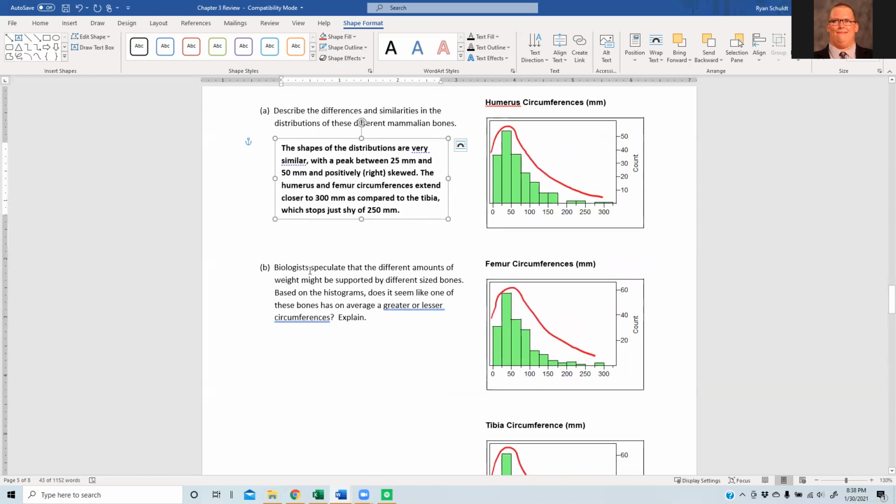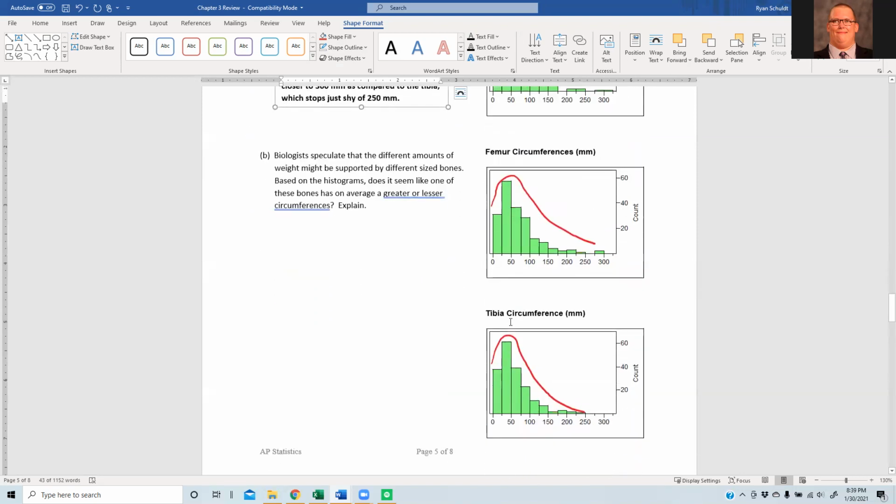Okay, B. Biologists speculate that the different amounts of weight might be supported by different sized bones. Based on the histograms, does it seem like one of these bones has, on average, a greater or lesser circumference? Explain. Well, let's look at the graphs here.